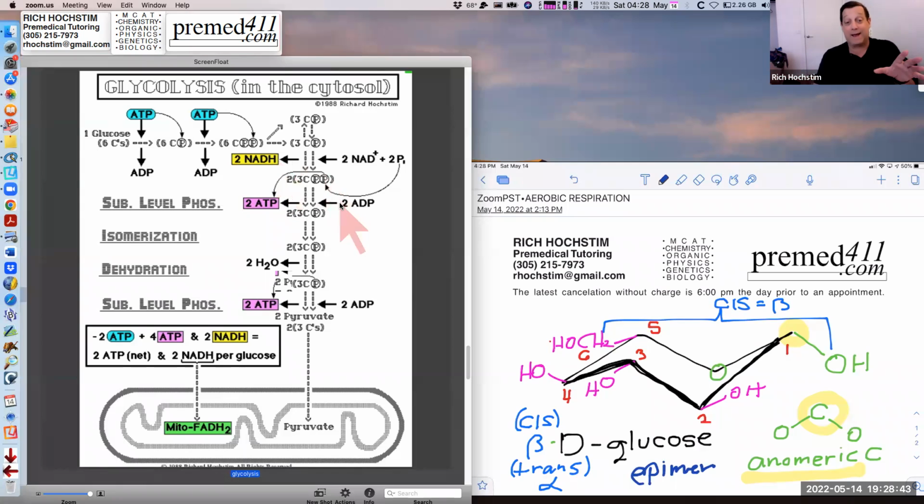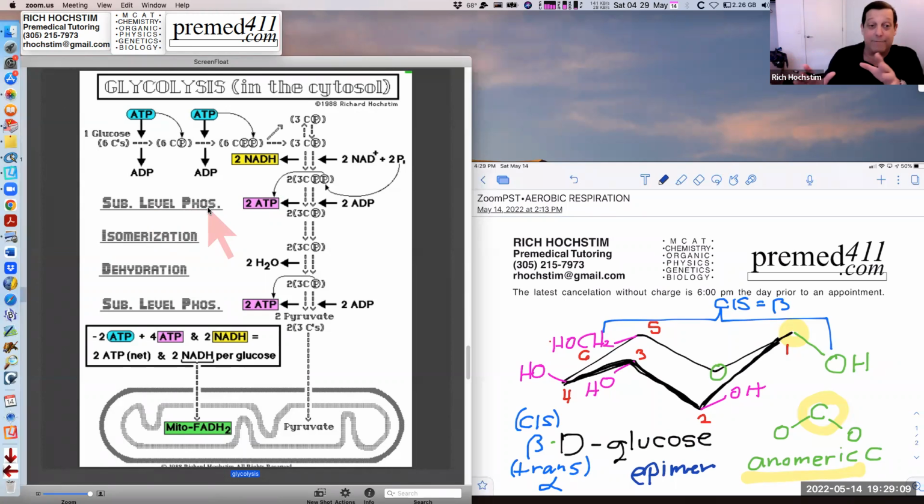We're also going to make over here 4 ATP. So we're going to put 2 in and get 4 out. So that's going to be a net of 2 ATP. Now, when we say substrate level phosphorylation, that means that the phosphorylation, the addition of phosphate, was done chemically using bond energies.